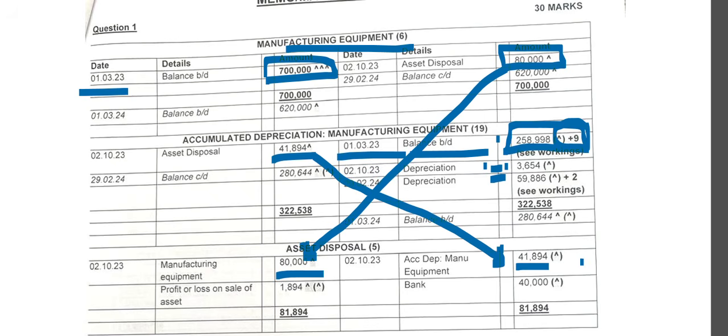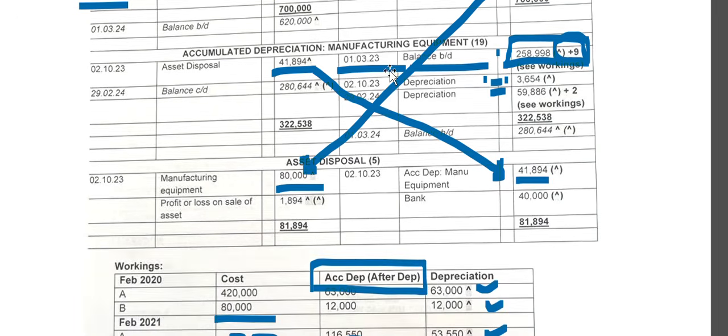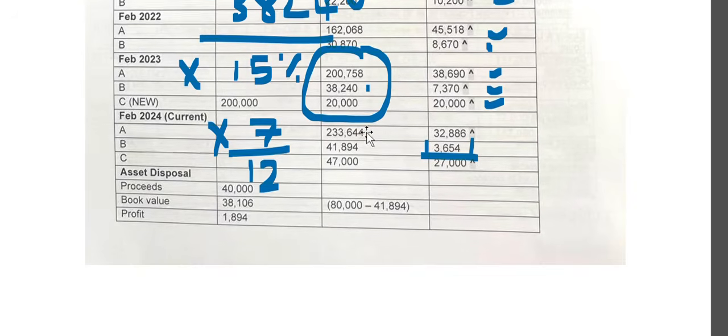Where did we get that 41,894? Let's go check our workings. Now that we just did this 3654, the 38,240 plus the 3654 is equal to 41,894.